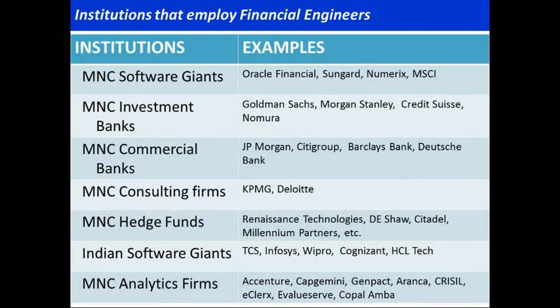They can be multinational software giants like Oracle Financial and SunGard and Numerics and MSCI, which develop systems for the financial sector, financial industries, banks. Then the multinational investment banks themselves, like Goldman Sachs and Morgan Stanley and Credit Suisse or Nomura, to name just a few. Then commercial banks like JP Morgan, Barclays or Citibank or Deutsche Bank.